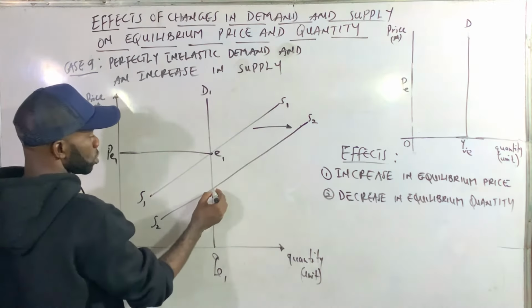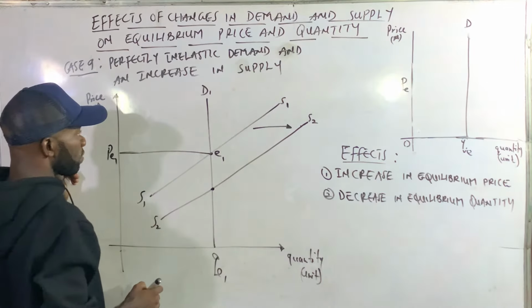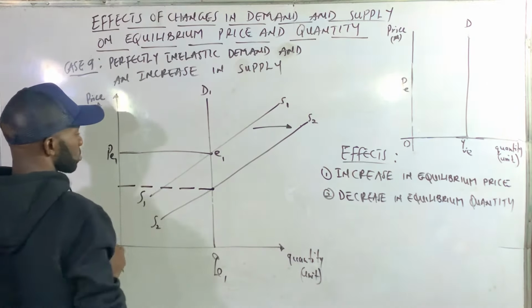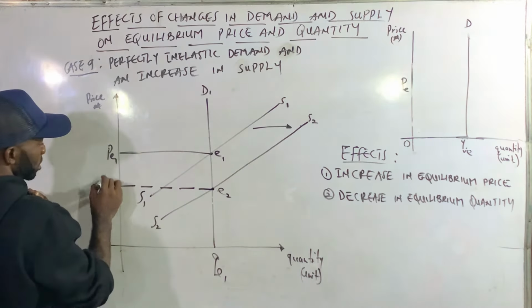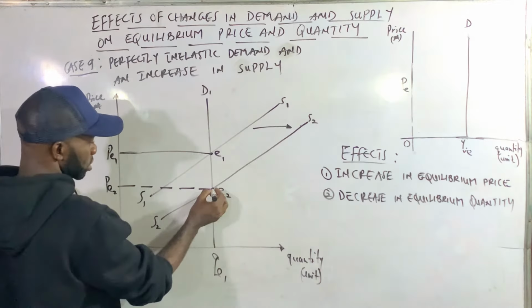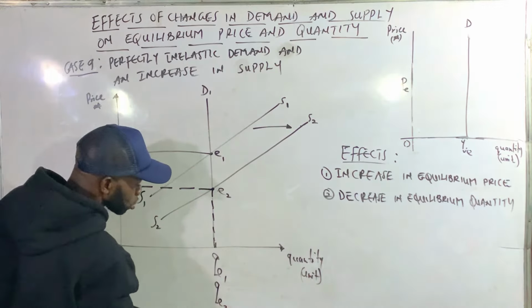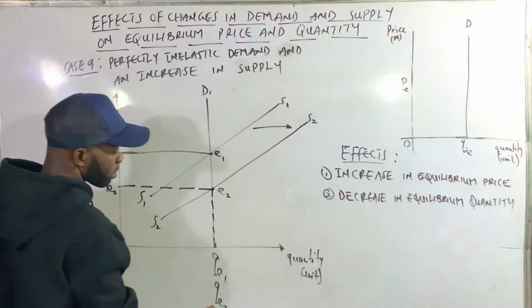A rightward shift of the supply curve will be represented with something like this, which produces S2. At S2, we check the point of interaction between the new supply curve and the old demand curve. And then we have E2, trace it to the price line. We have PE2, and then we trace this to the quantity line. We have QE2, which happens to be on the same line as the old equilibrium quantity.